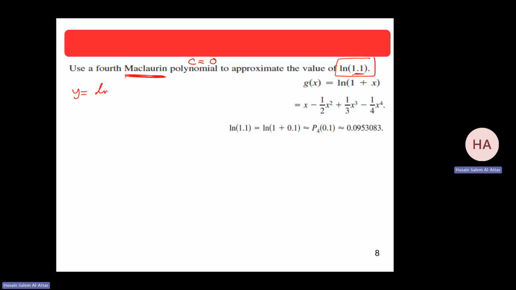So I have ln of 1 plus x. This is my function. Okay, so this is the function which I will use. Why? Because I want Maclaurin, so c equals 0. That will work. So I have ln 1, which is not far from ln 1.1, so it will be a good approximation.